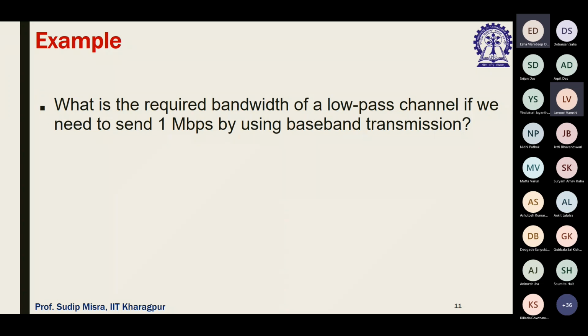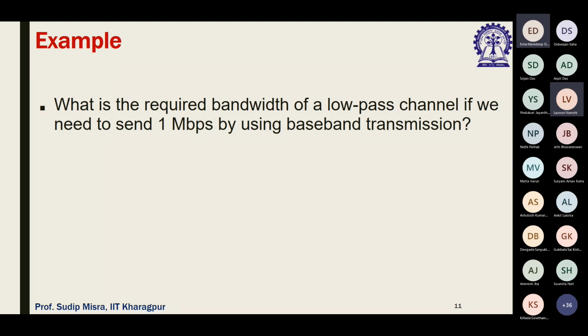So in other words, it is not really possible to send the data through a low pass channel directly. You need to approximate the digital signal as an analog signal, so you need to convert digital to analog.